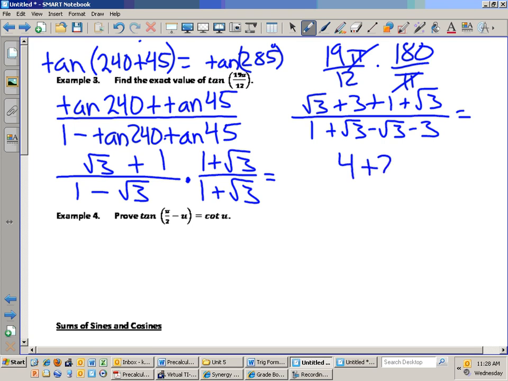Yep, 4 plus 2 square roots of 3. How about on the bottom? Negative 2. You can divide them both by negative 2. 4 divided by negative 2 is negative 2. 2 divided by negative 2 is negative 1.